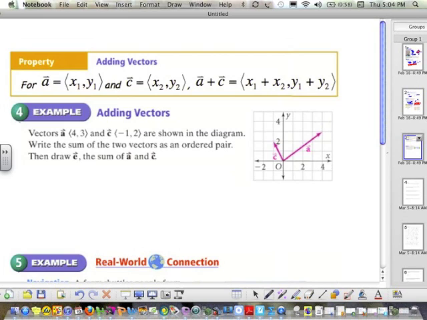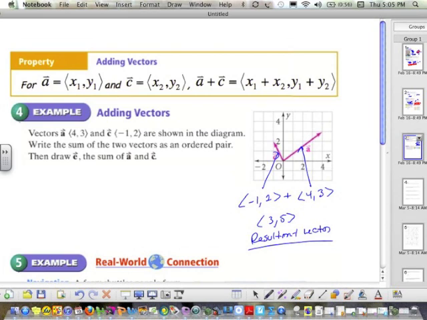So this one right here would be to the left one and up 2. And this one right here is going to be to the right 4 and up 3. So if I add those two together, I add the x's together, I add the y's together, and this is what's called my resultant vector.